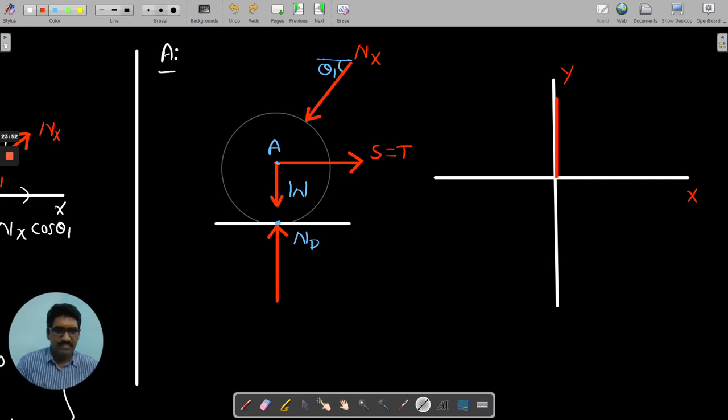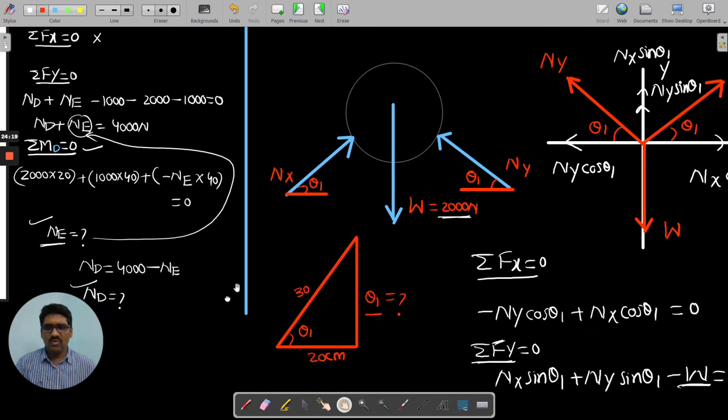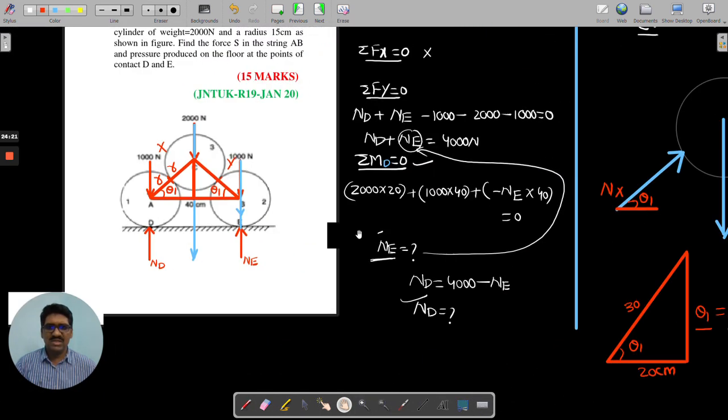N suffix D is acting upward. Next thing, weight is acting downward. Here we have some string tension force, and here we have some N suffix X like this. Angle theta 1, weight is equal to 2000. Please check, weight is 1000 or 2000? 1000, sorry. Weight is 1000 we have.